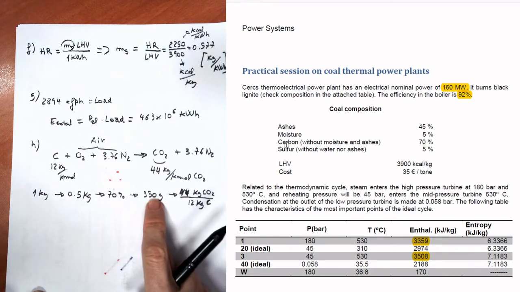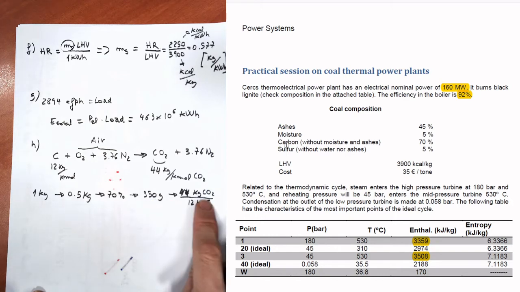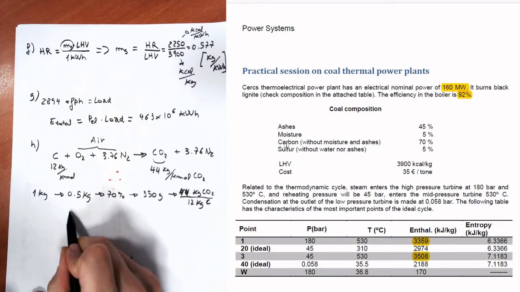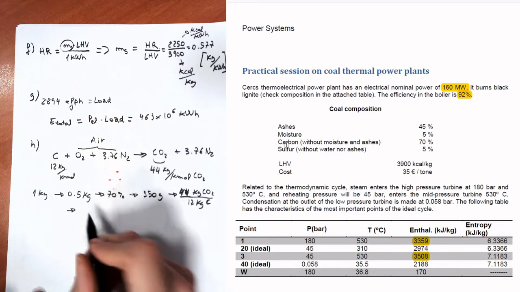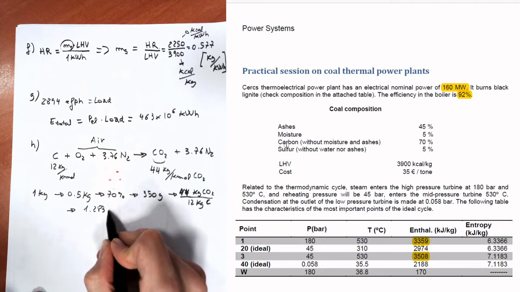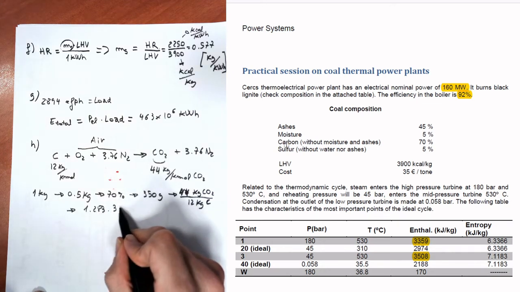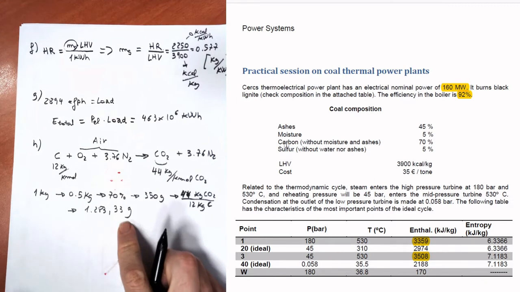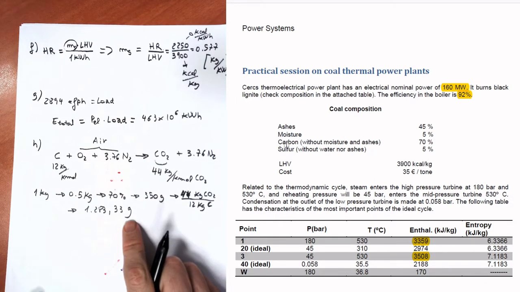So we need to multiply these 350 grams by this factor to get the kilos of CO2. That's 1,283 grams of CO2 per each kilo that we burn.